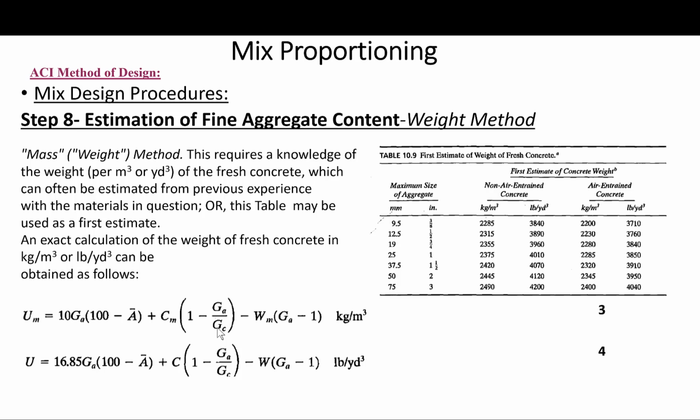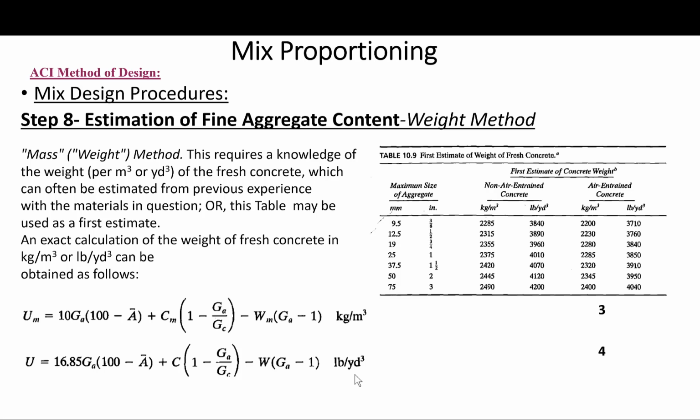A is the air content. W or W sub M is the mixing water, depending on the units we're using: W sub M when using kilogram per cubic meter SI units, and W when we are using pounds per cubic yard. C is the cement requirement in kilogram per cubic meter or pounds per cubic yard.